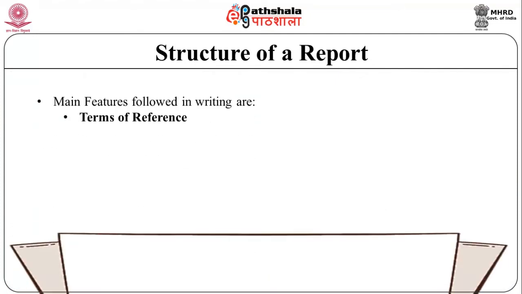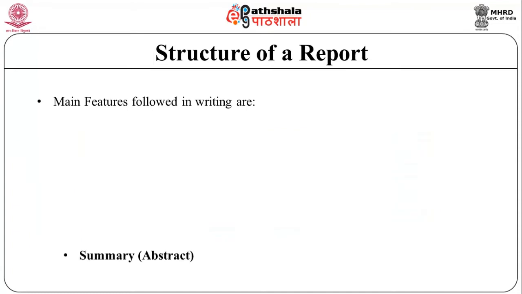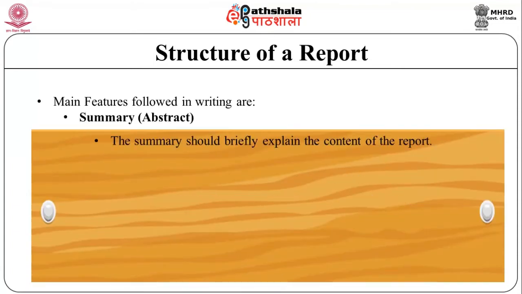Terms of reference. Under this heading, you could include a brief explanation of who will read the report, the audience, why it was written, the purpose, and how it was written, the methods. It may be in the form of a subtitle or a single paragraph. Then comes the summary, that is, the abstract. The summary should briefly explain the content of the report.